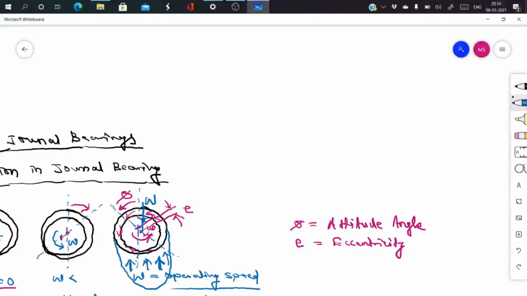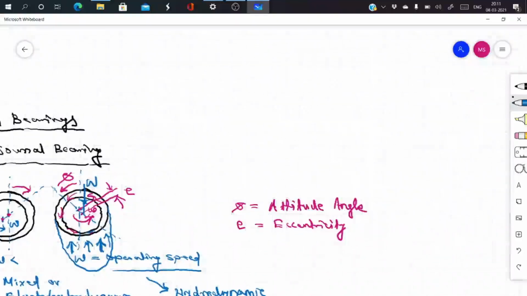Now you can imagine, if load increases, then this gap, this minimum gap here, will decrease. When the gap decreases, eccentricity will increase. That means there is a direct link between eccentricity and load.